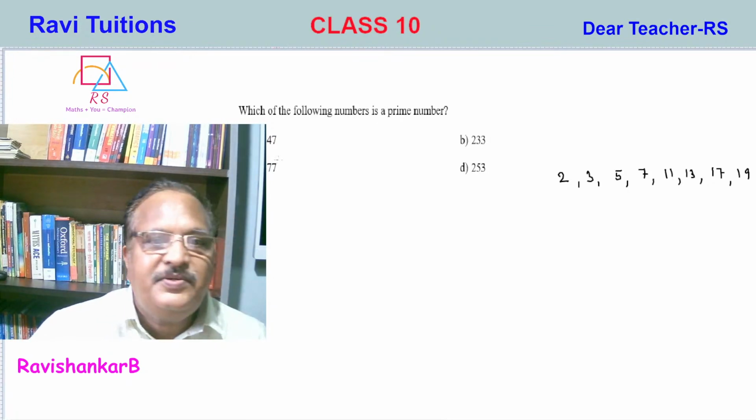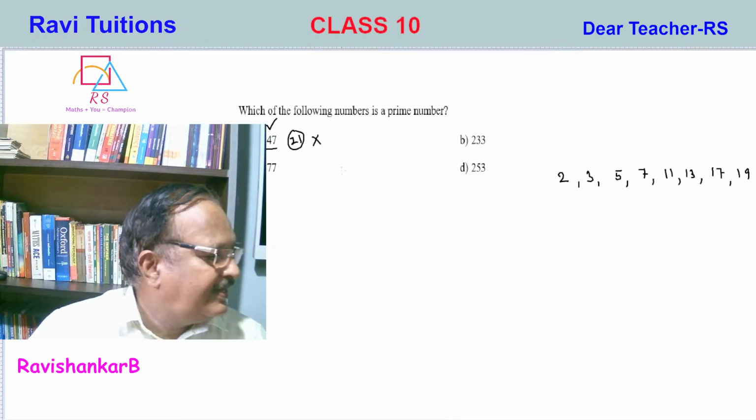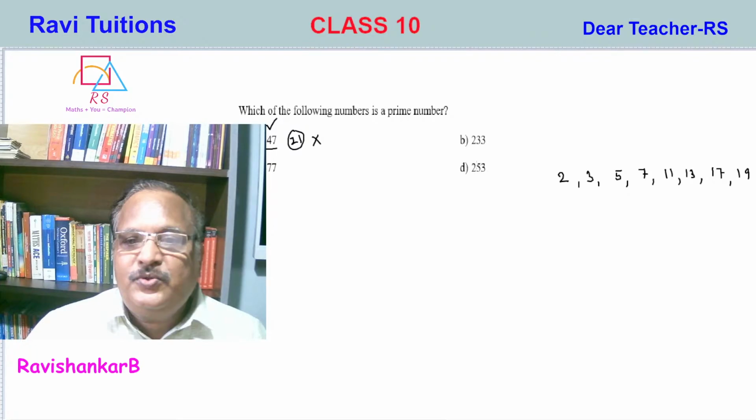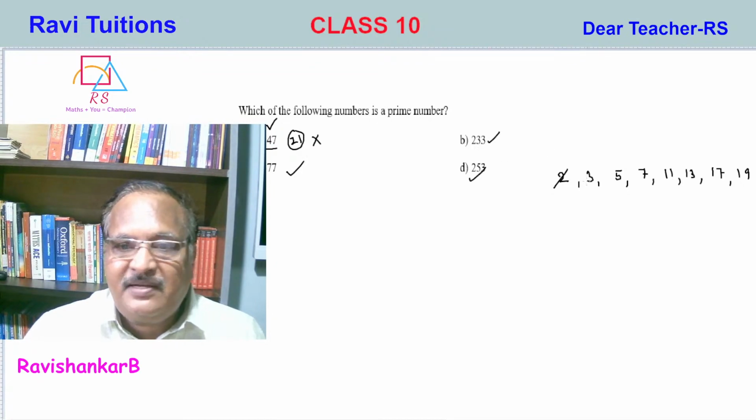Vijayata, you just check it out, because the 7 table will go in this, na? 2 7s are 14. So 7 is a factor of A. So it is not a prime number. So remove 2, check whether it is divisible by 3 or not. Okay, like that you check it out, then you will find which number is a prime number. You have to check these.